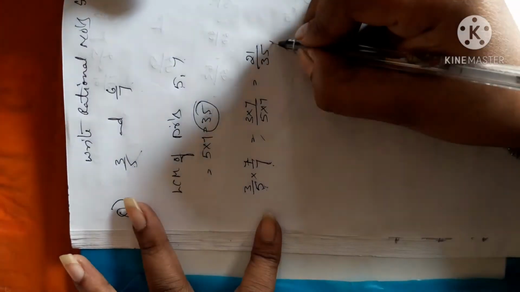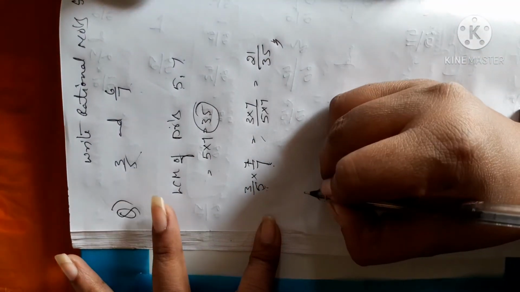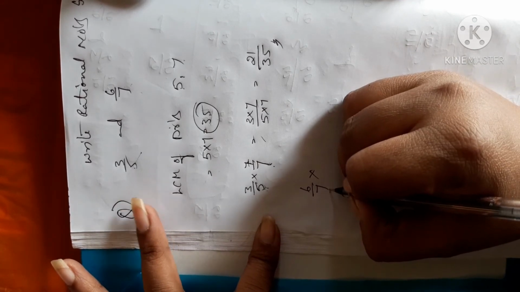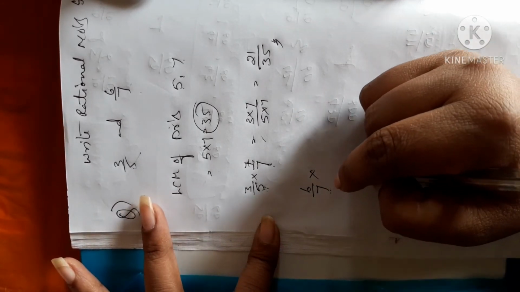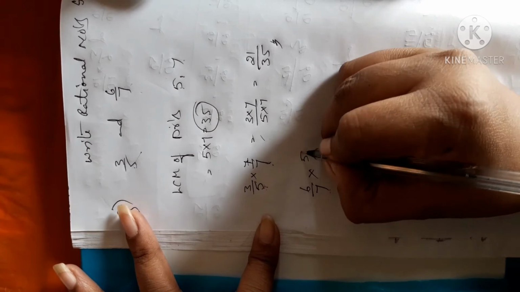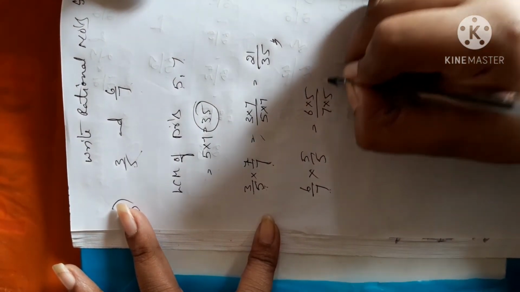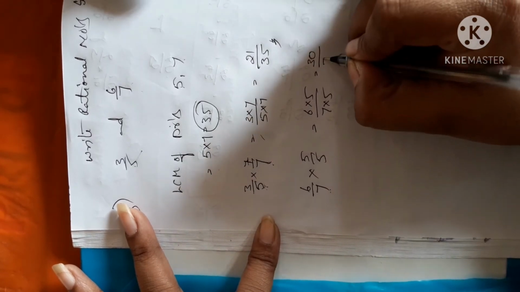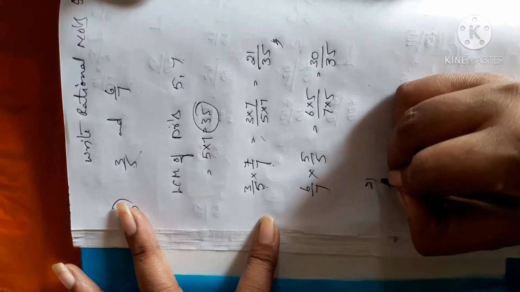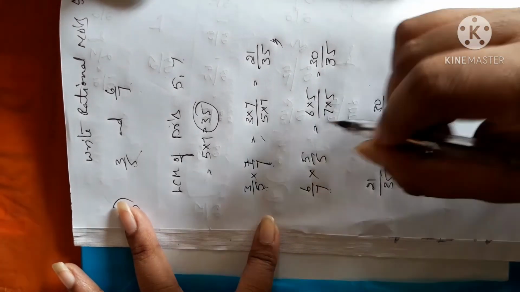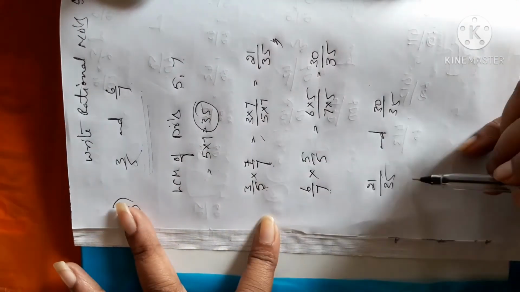Okay, keep this aside. What is the next rational number? 6 by 7. Already 7 exists in the denominator, so I want to convert that to 35. So what do I need to multiply? 5 by 5. 6 5s are 30, 7 5s are 35, so 30 by 35. Now take these two numbers together: 21 by 35 and 30 by 35. I have converted these two into like fractions.